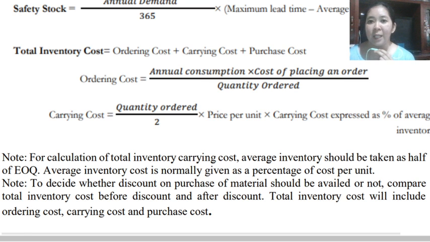In certain instances, it is better for the entity not to take the discount. So total inventory cost will include ordering cost, carrying cost, and purchase cost.